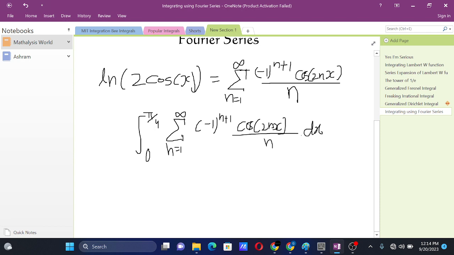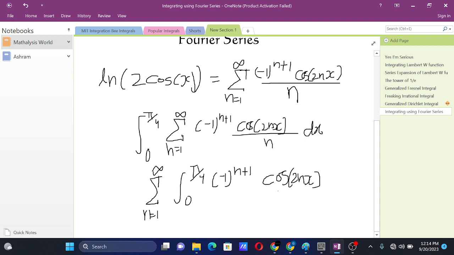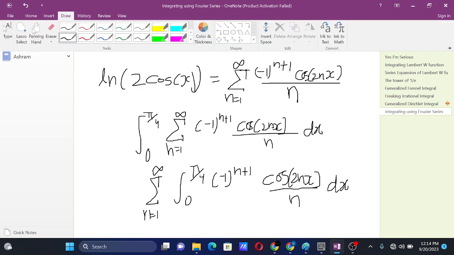Now since this is converging, we can change the sum and the integral: summation from n equals 1 to infinity, integral from 0 to pi by 4, negative 1 to the power n plus 1, cos 2nx over n, dx. Now we'll integrate it.